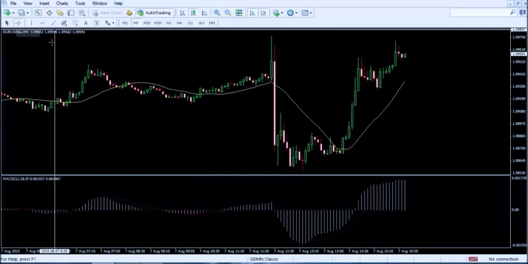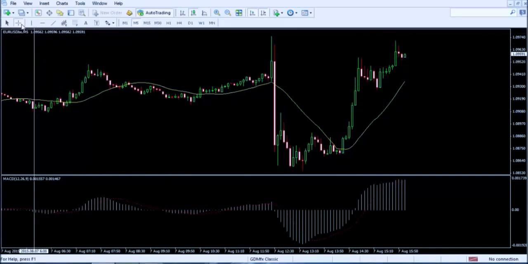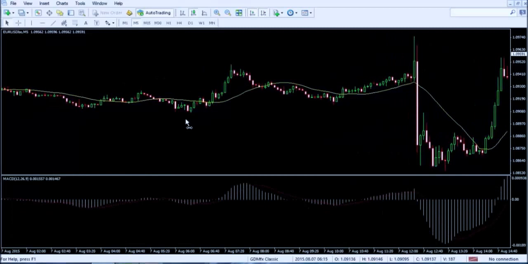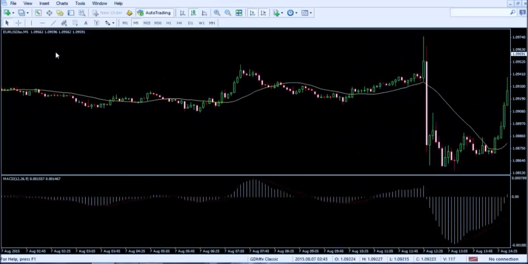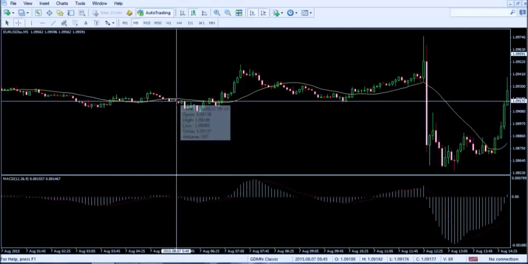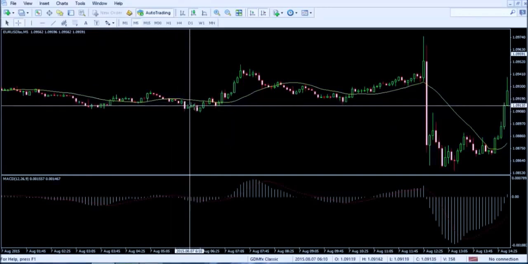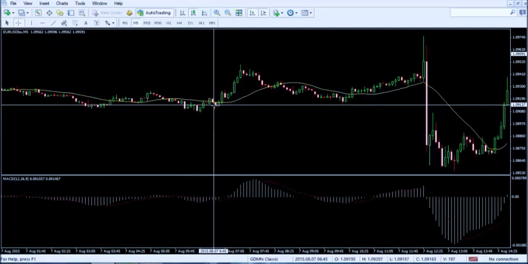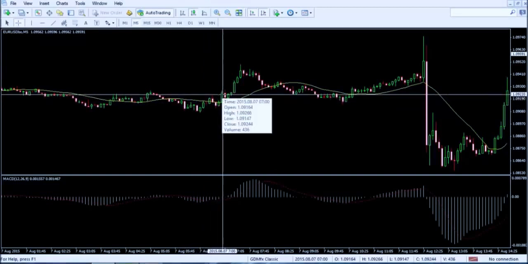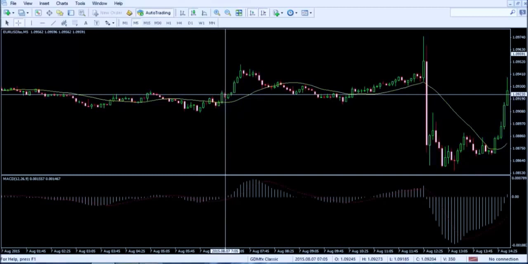Let's look at another option we could have taken. You can see here that price is trading below the 21 moving average. And when price bursts through the 21 moving average, we would wait for the MACD to turn positive as well.